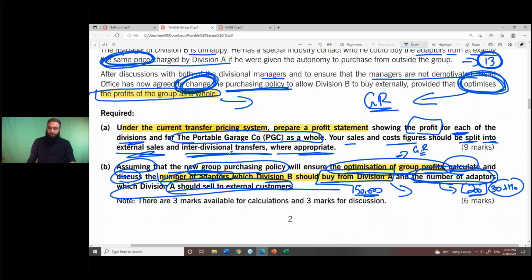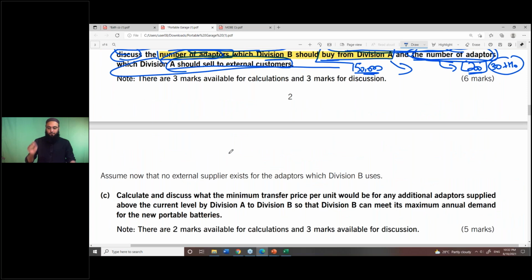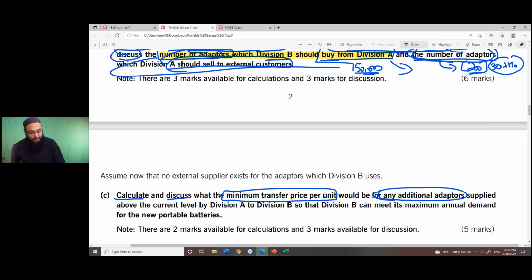Okay, second, last one. Calculate and discuss the minimum transfer price for any additional units supplied above the current level to division B, so that B can meet its demand.